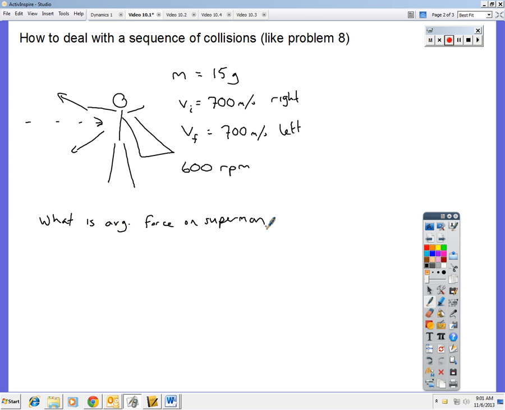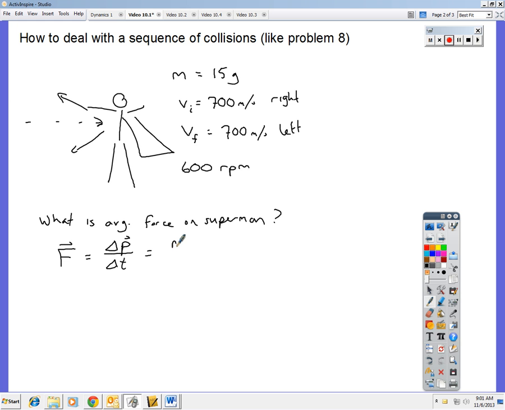Because of Newton's third law, that's the same thing as asking, what is the average force that Superman exerts on the bullets? And that force is equal to the change in momentum over the change in time. Since we're doing averages, we don't need to actually use a derivative. We can just do delta p over delta t.